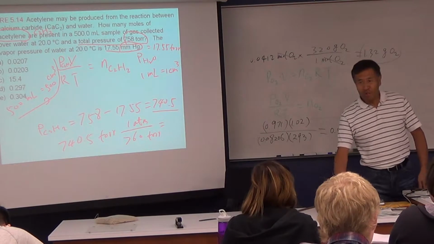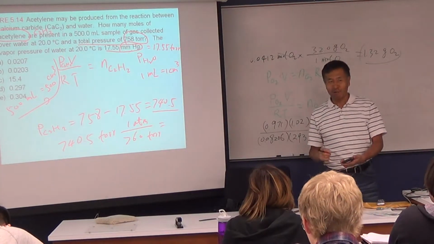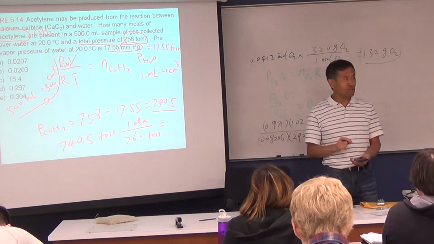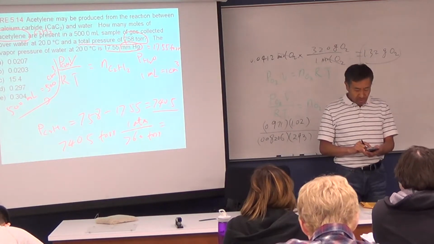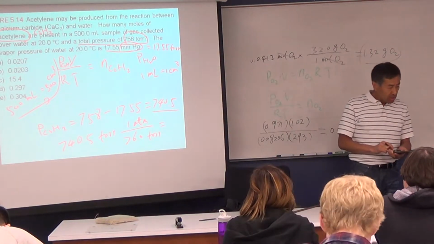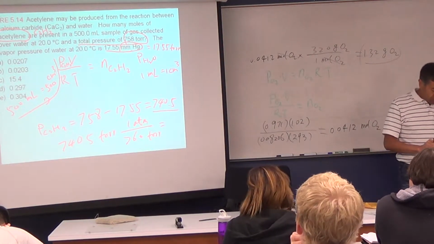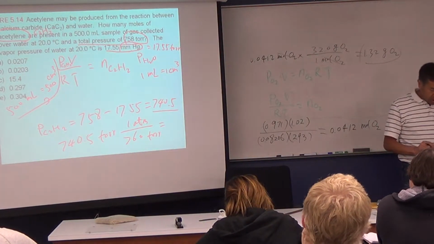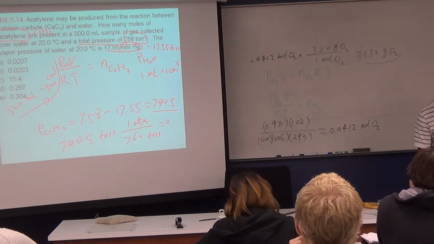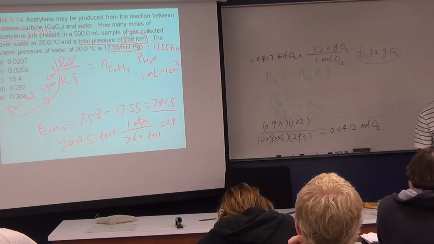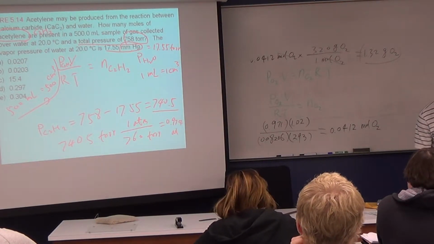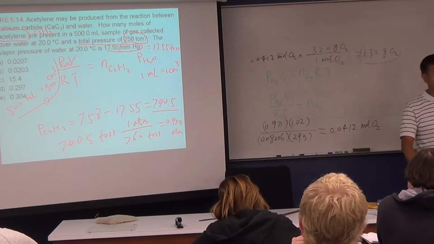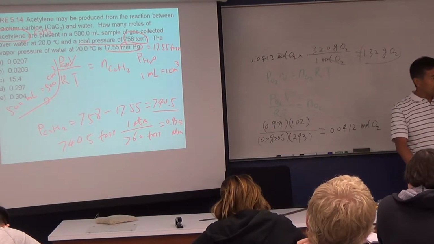If you want to use that equation, make sure you use R, which means you need atm for the pressure. So 740.5 divided by 760, you get 0.974 atm. You get the same number?